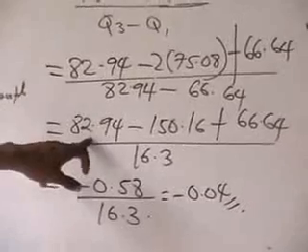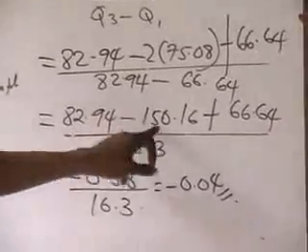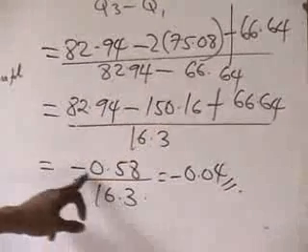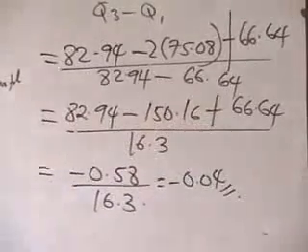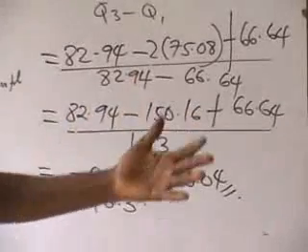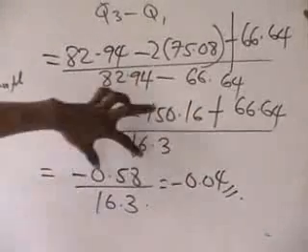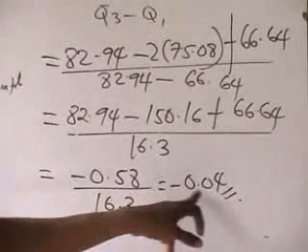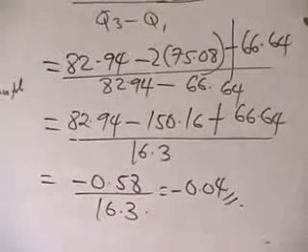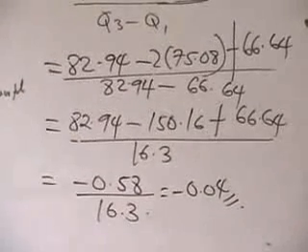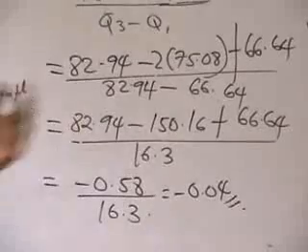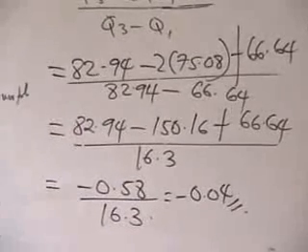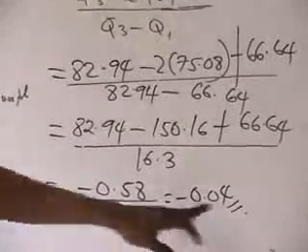This minus this plus this will give us minus 0.58. So this divided by this gives us minus 0.04. If you are asked what type of skewness it is, it is negative skewness. So it is negatively skewed.